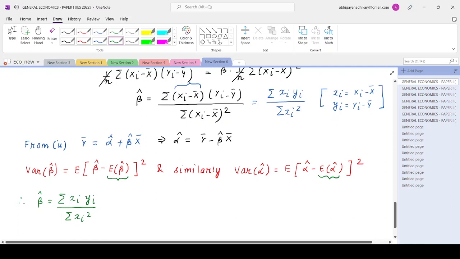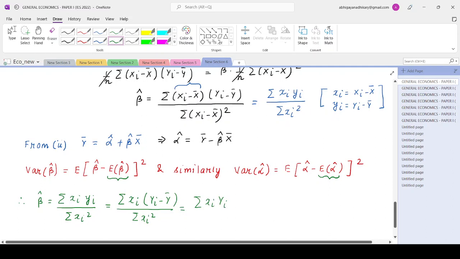So now have a look at this. The first thing that you can easily observe is this formula can be reducible. Let us say I keep the x in deviation form, in small xi, but I now replace the y with the yi minus y bar. So if you just take a look at the numerator, what is it becoming?